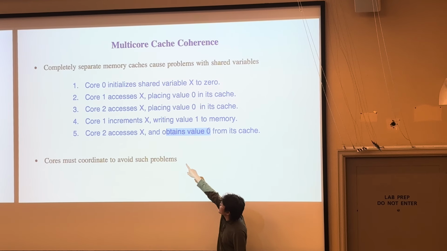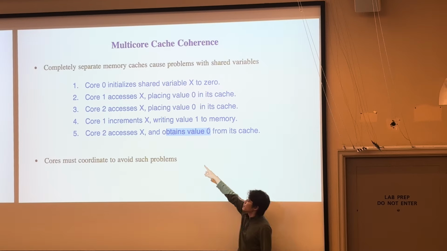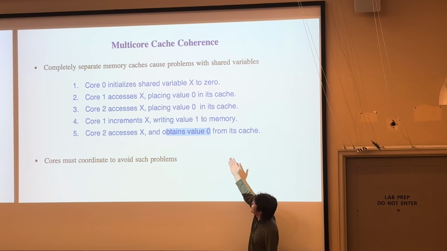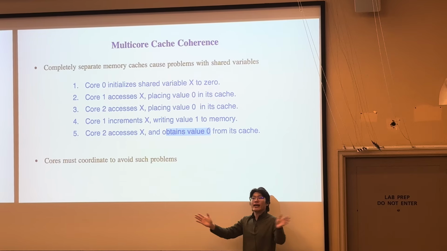So it writes variable x, and x maybe stays in, let's say, cache line 10 in this local cache, and this will cause the hardware to broadcast an invalidation message to all the other cores' caches, saying that your cache line 10 is invalidated.